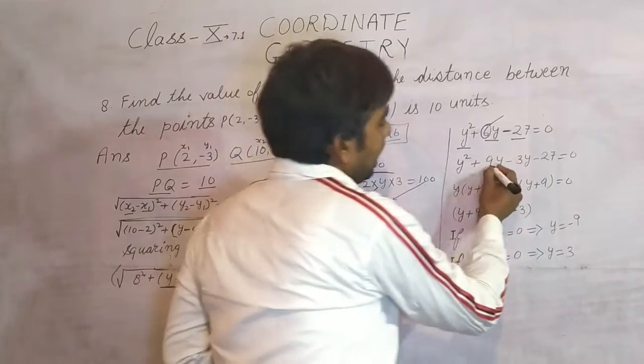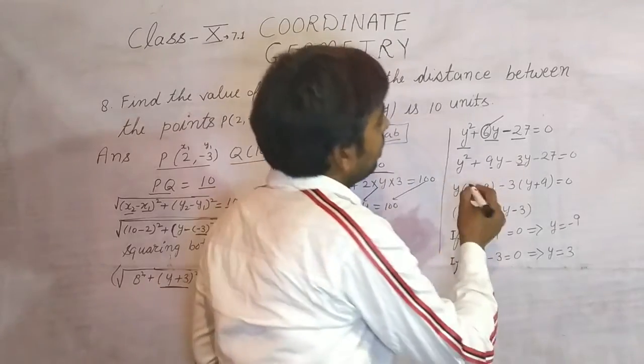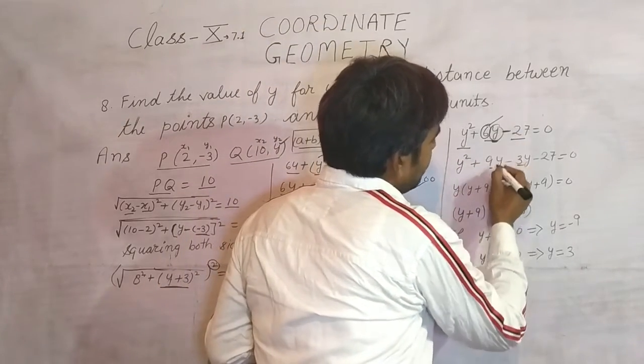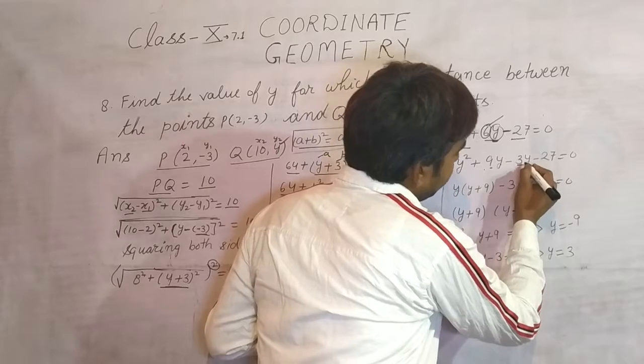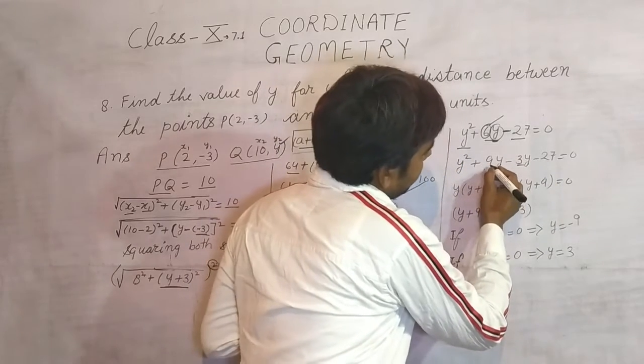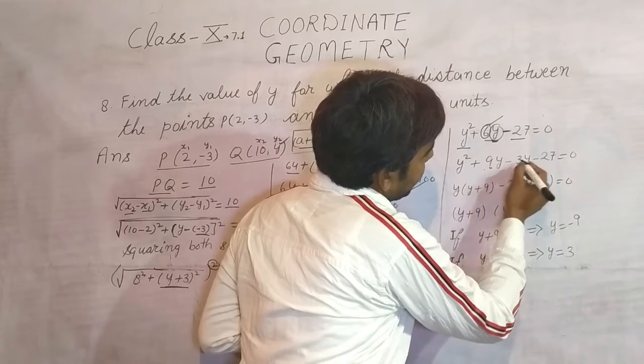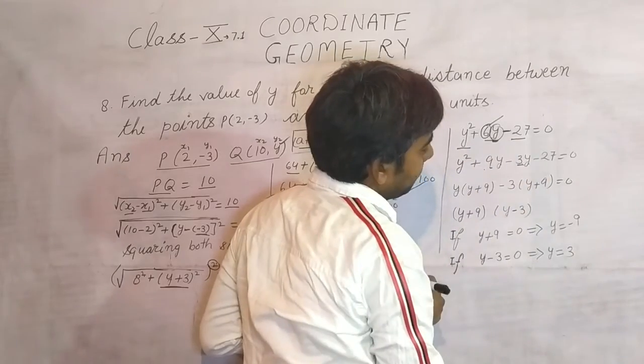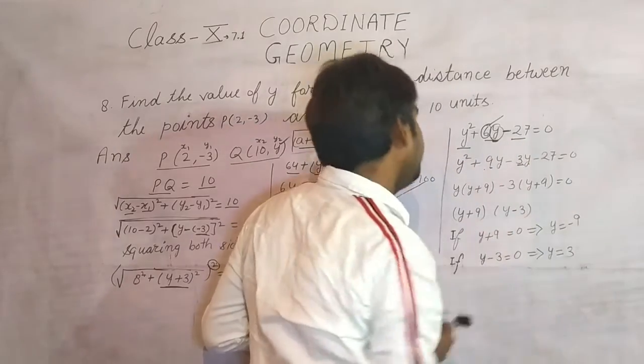So 9 and 3 are the two numbers, because y is with 6, so we are taking y squared plus 9y minus 3y minus 27 is equal to 0. 9 minus 3 equals 6.